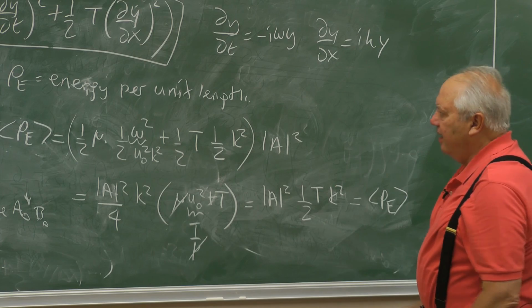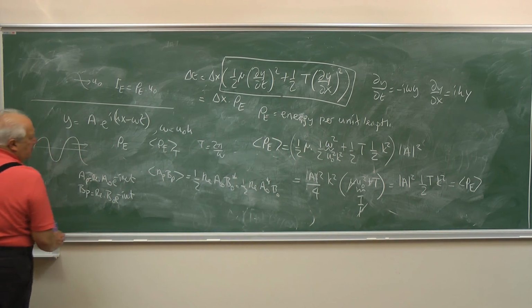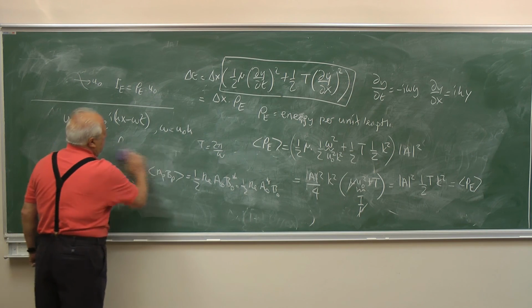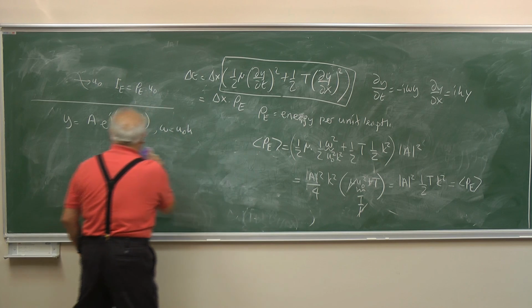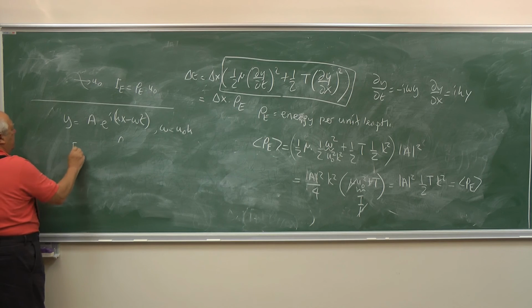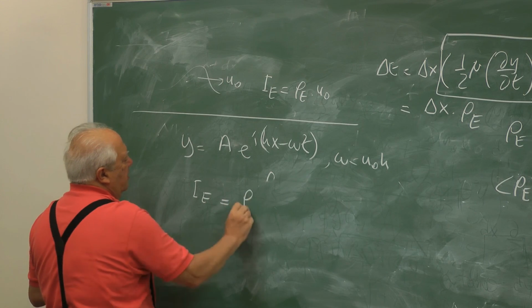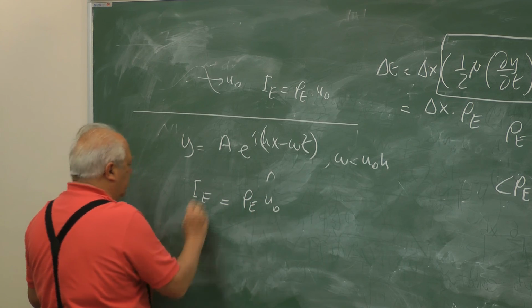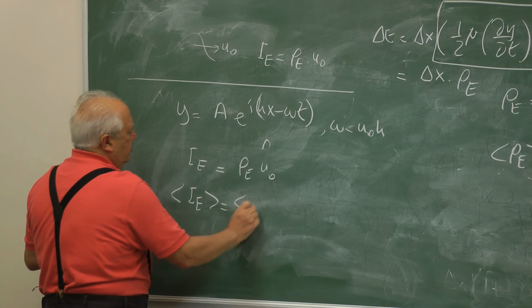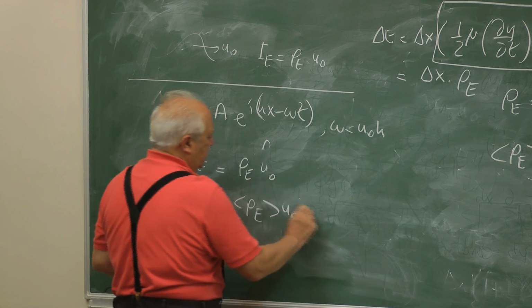What about the energy current? This will become important in later problems. So I_E is ρ_E u0 with a time average. u0 is constant.